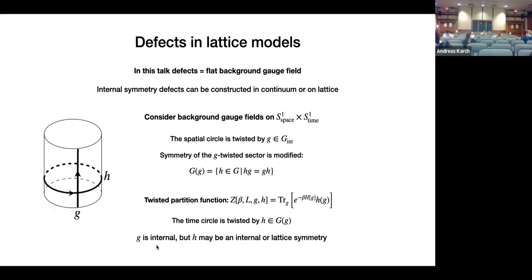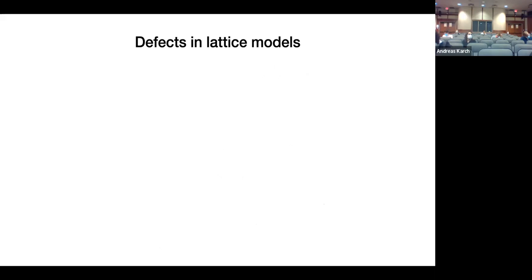So we can roughly say the time circle is twisted by this H from the symmetry group in the presence of the G defect. So here, we are assuming that G is internal because we only know how to do an internal symmetry twist. However, H may be internal or a lattice symmetry. This setup was, I believe, used before, for example, in Oshikawa's classic paper on the Lieb-Schultz-Mattis theorem.